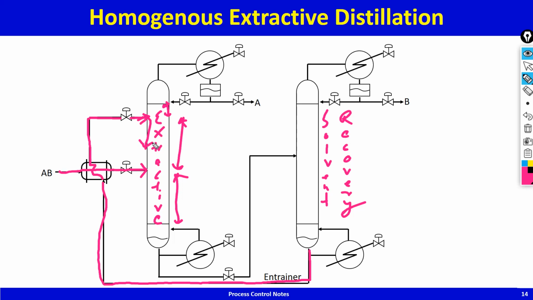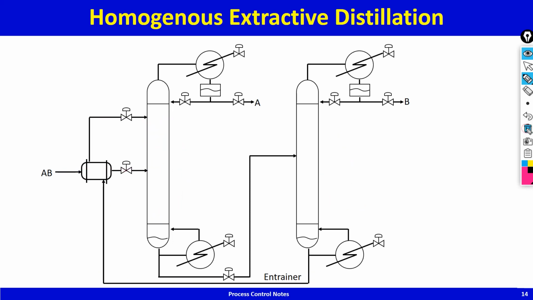Triethylene glycol or DMSO is hygroscopic in nature, so it will preferentially soak in water. Okay, so if you have an ethanol water mixture, water will get soaked in by the entrainer. So the entrainer preferentially soaks in, in this example, B. So whatever B is going up, the entrainer goes down.